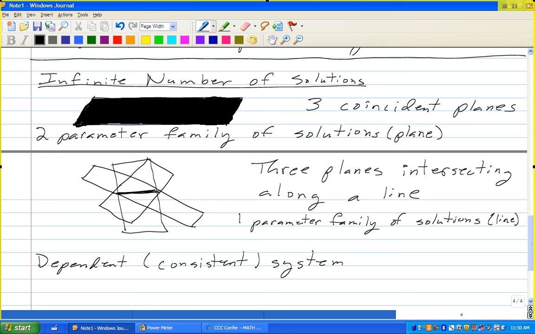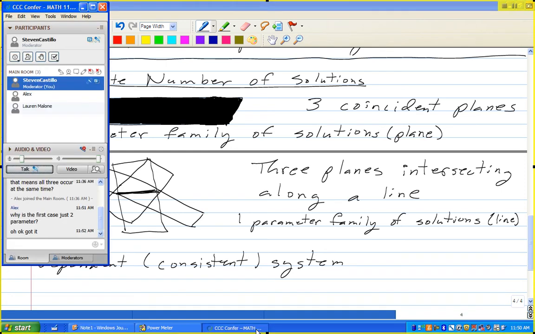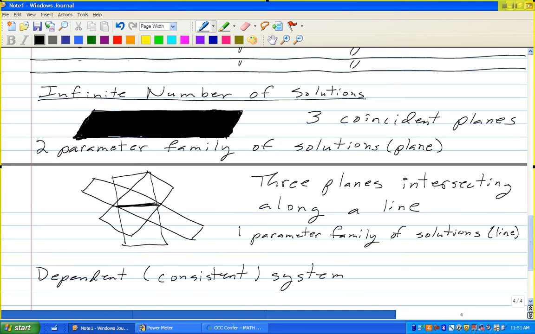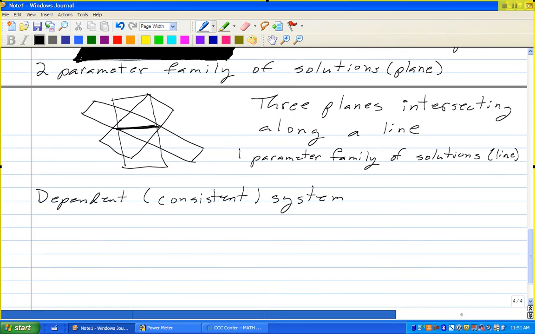Think of it like being on a map: you can either go north or east, or the opposite, south, west, etc. So that's why it's called 2 parameters. And in the other case, it's called 1 parameter because you can only go in one direction. You can either go forwards or, the opposite, backwards. But you can't go any other direction. So it's 1 parameter. Okay, good.